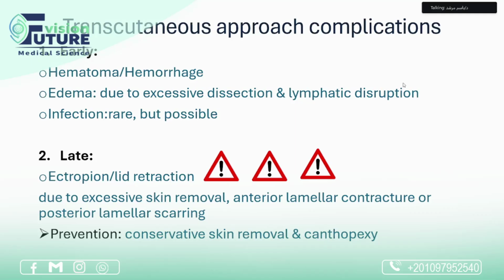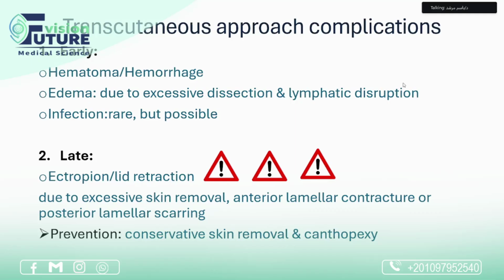As for the late complications, the transcutaneous approach is the nightmare of the ectropion or the lid retraction, or even many times we find cases that did transcutaneous blepharoplasty and they're not happy. Why? Because the shape of the eyelid changed a bit. And that's why I always encourage to give priority to transconjunctival blepharoplasty, much better than going through the skin.